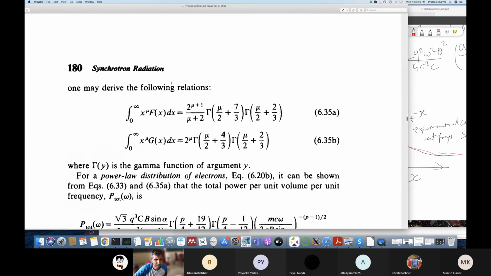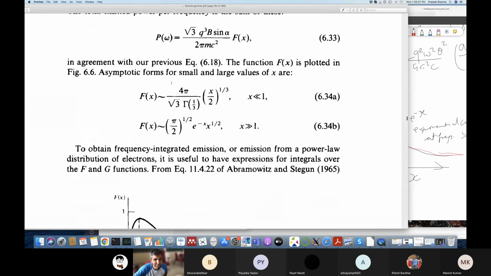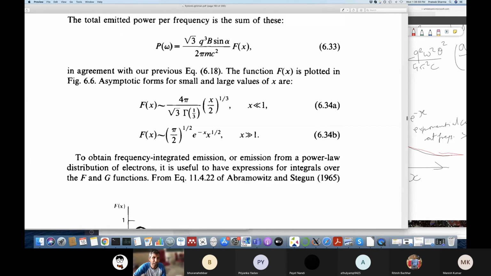Okay. Now this is power as a function of frequency. We can integrate over all frequencies to get the total power radiated, right?